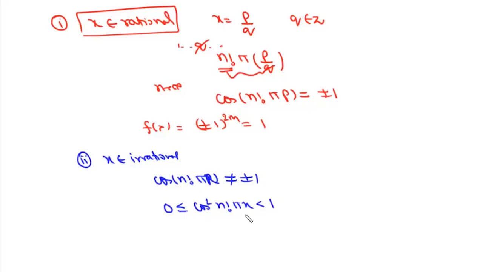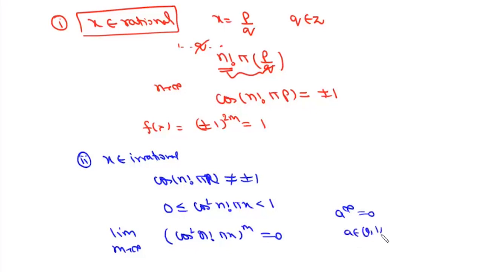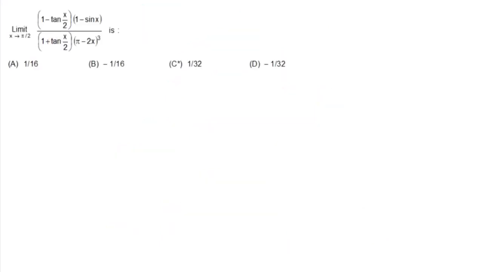And if this value lies between 0 and 1, then in the limit m tends to infinity, cos square factorial n pi x to the power m will be 0, because we know that a to the power infinity is 0 if a lies between 0 and 1. So if x is rational, the function takes the value 1, and if it is irrational, the function is going to take the value 0.